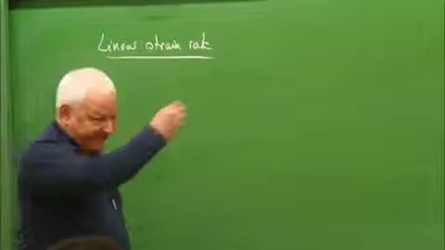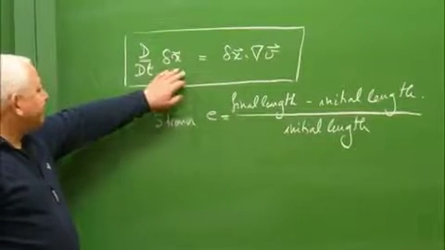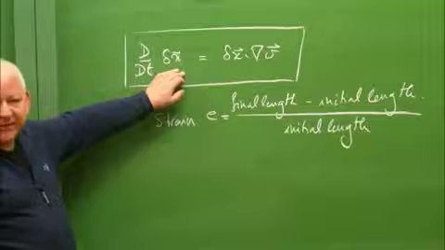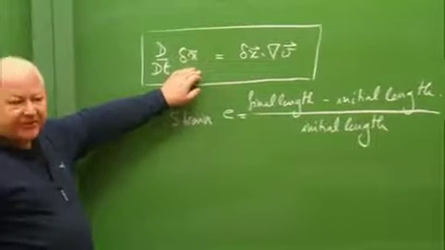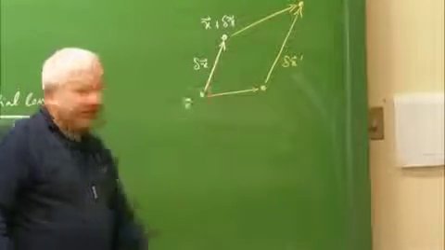So I've calculated an answer here for the rate of change, as the fluid moves, of the separation vector. I'm going to write the separation vector in terms of the length of the segment of material that lies between the 2 points.